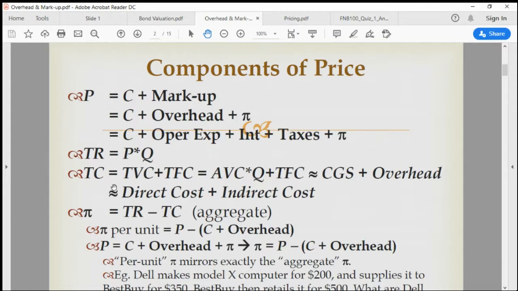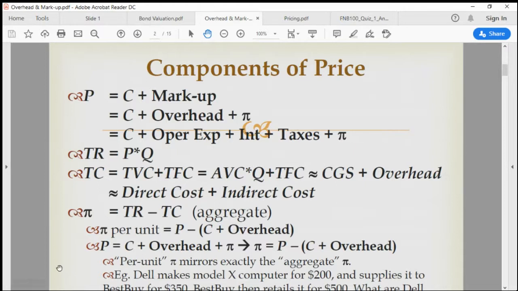Multiplied by quantity, that's total cost, right? TVC, which is per unit production cost times quantity, TFC, which is the OPEX times quantity.